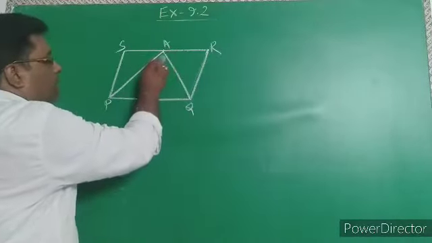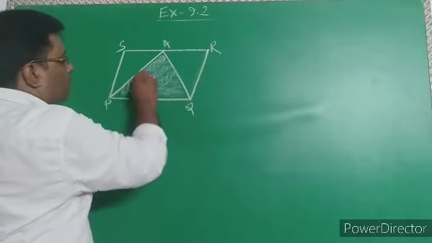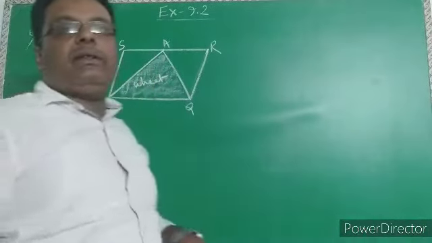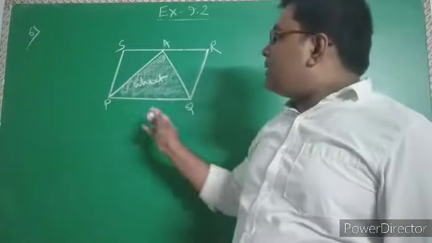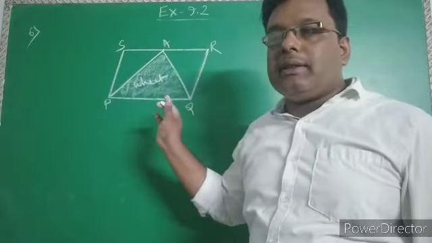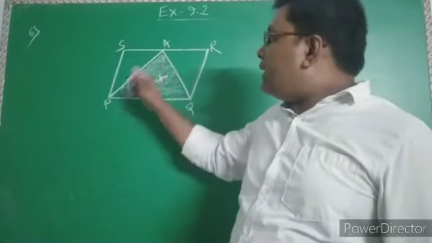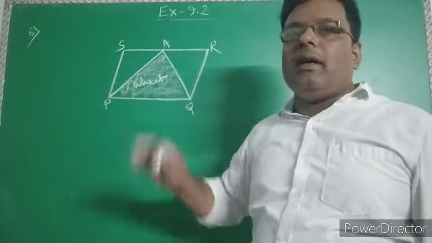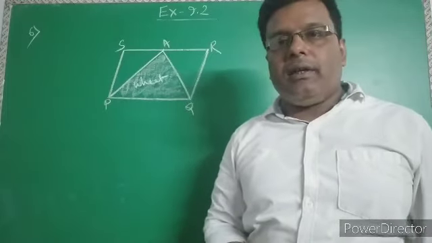If she sows wheat here and pulses in these two regions, then the areas will be equal. Since the area of APQ is equal to half of area of PQRS, she can sow wheat on the area APQ and the pulses in the other two regions. So these are the answers only. Okay, thank you.